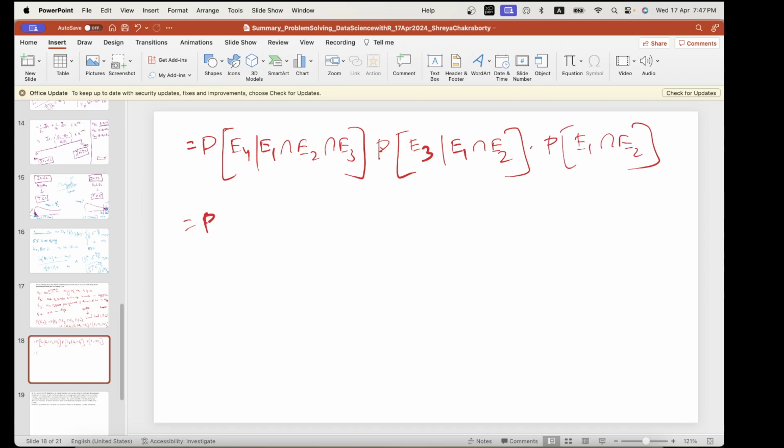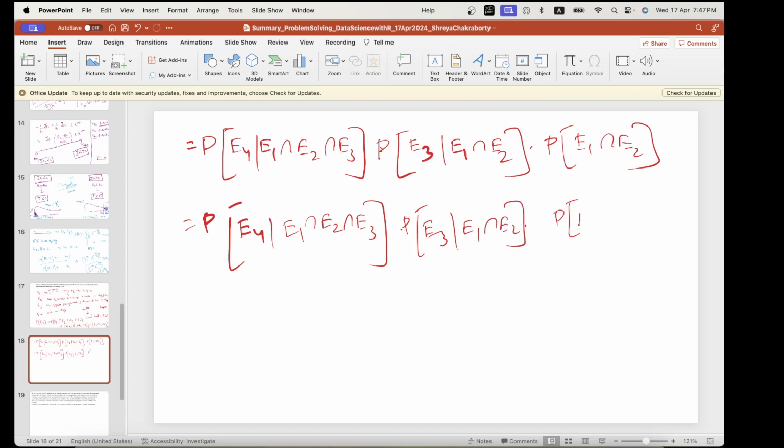Then you again break it down: probability of E4 given E1 intersection E2 intersection E3, into probability of E3 given E1 intersection E2, into probability of E2 given E1, into probability of E1.